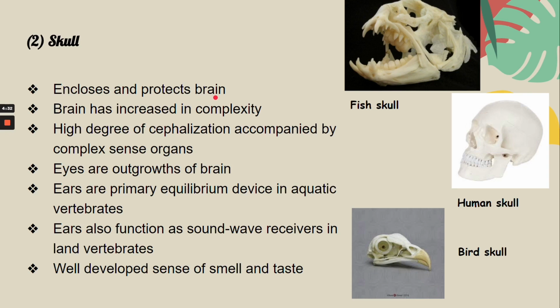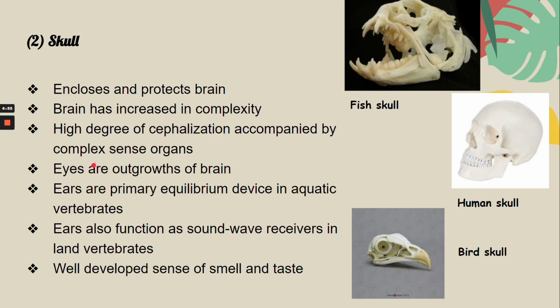Alright. So during vertebrate evolution, the brain has increased in complexity, and specialized regions have developed to carry out specific functions. So there is a high degree of cephalization accompanied by complex sense organs. Right, so eyes are considered outgrowths of the brain. Yeah, who would have thought so?